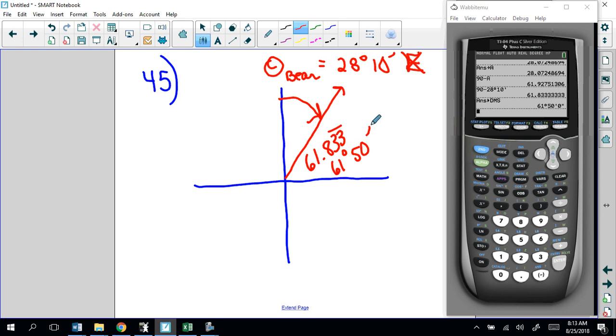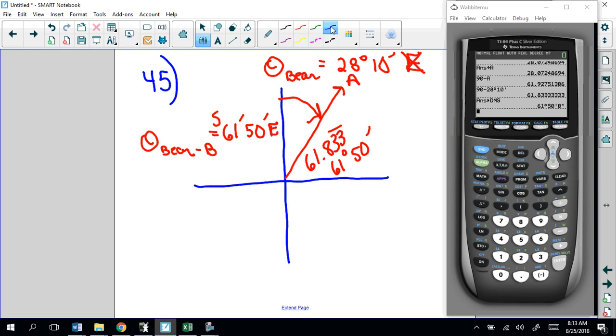That's the angle we're working there, and that's a ship that leaves the port, so let's call that ship A. Then another ship leaves the port on a bearing of, okay, so theta bearing, for ship B is 61 degrees 50 minutes, and they put a little south in front of that, and they go east.